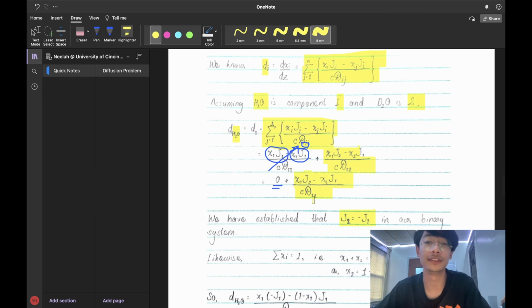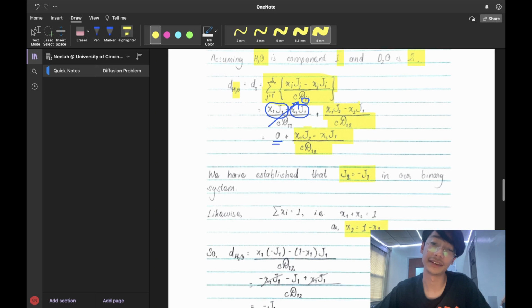Likewise, we know that the sum of the mole fractions of all the components in a mixture is simply equal to 1. So in a binary system, the sum of the mole fraction of component 1 and the mole fraction of component 2 is equal to 1, which can be written as this right there.